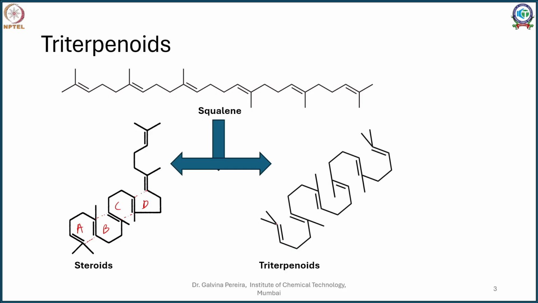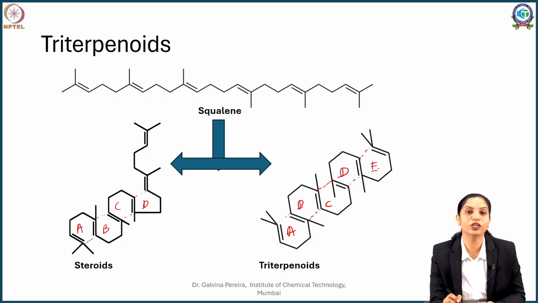Now if I join it here, I'll again get A, B, C, D, but this time D has 6 carbons and there is an additional ring, an E ring. In this case your squalene molecule will give rise to compounds called pentacyclic triterpenoids.